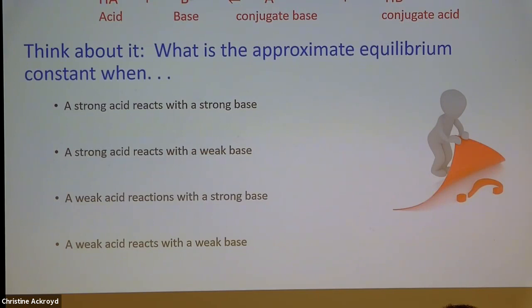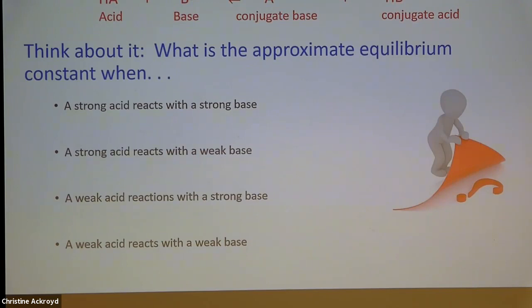If this acid is strong, what does that tell us? What does it tell us about the conjugate base? It's weak. How weak is it? It's so weak, it's unreactive. Okay, so where does equilibrium lie? It has to lie all the way to the right.